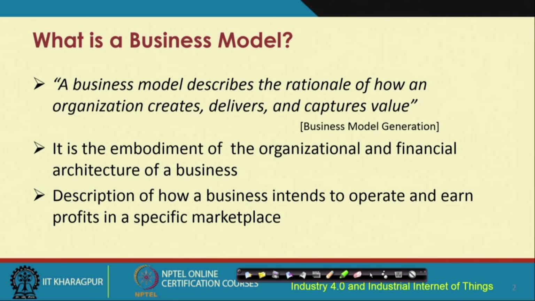These models give the description of how the business wants to operate its different operations, how they are going to be performed, and how the business is going to be positioned with respect to the financial aspects, how it is going to earn profits, and how it is going to be positioned with respect to the specific marketplace that it is going to cater to.